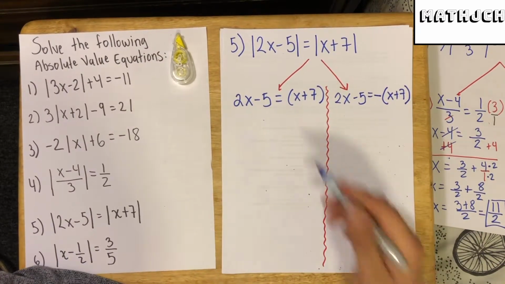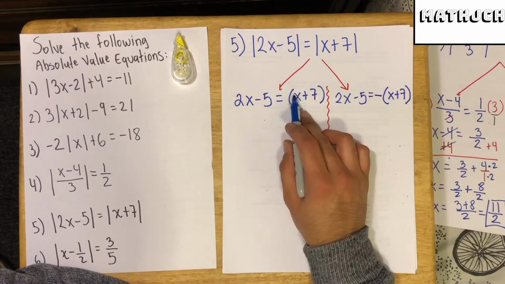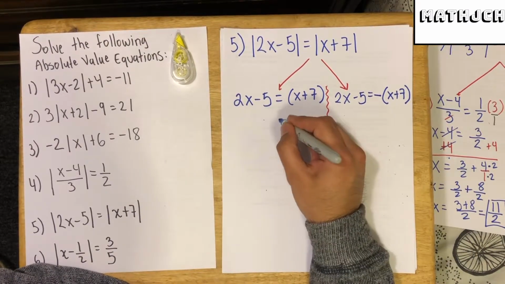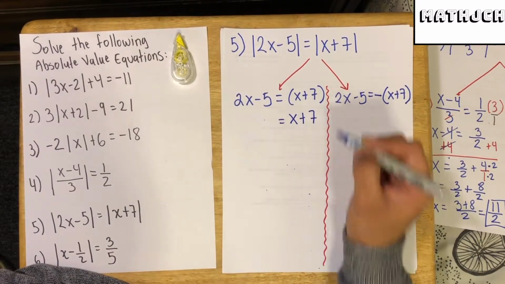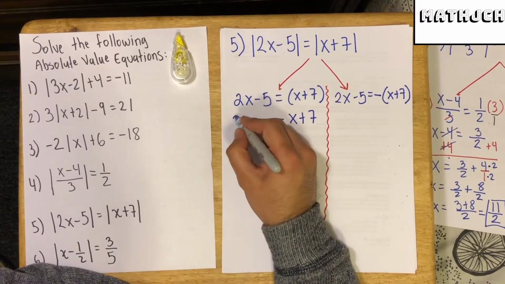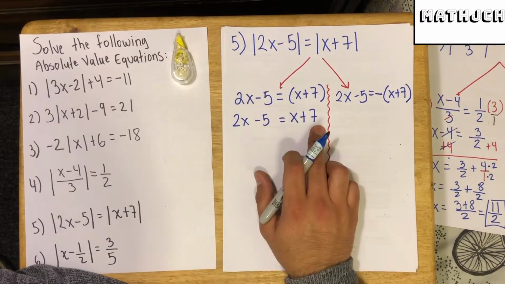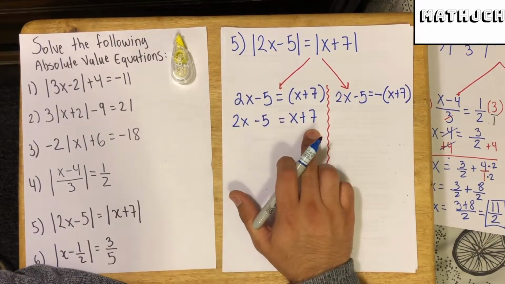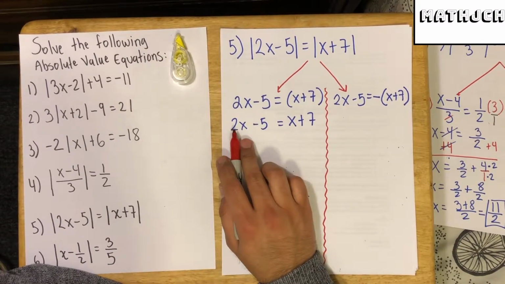Now, let's focus on case 1. Let's solve for x. Notice here that there is nothing in front of the parentheses, so nothing will change, so we could just get rid of it. So that means just x plus 7. Let me bring that 2x minus 5 here. So to solve for x, let's first move the 5 to the other side, in order to keep this term with x on the left side.